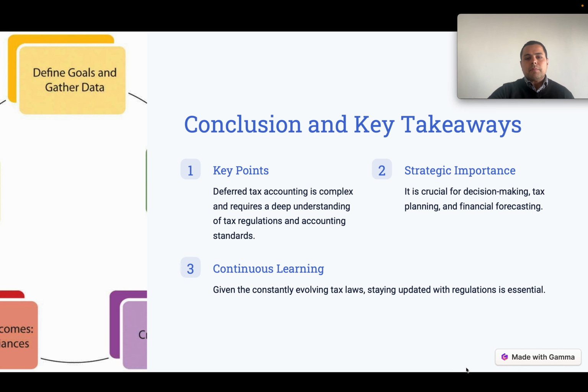Okay. As a conclusion, we can say that deferred tax accounting is complex. Yes, it is. It's not as easy as we're talking about at this moment. It requires a deep understanding of tax regulations and accounting standards. In accounting, we normally place everything there.